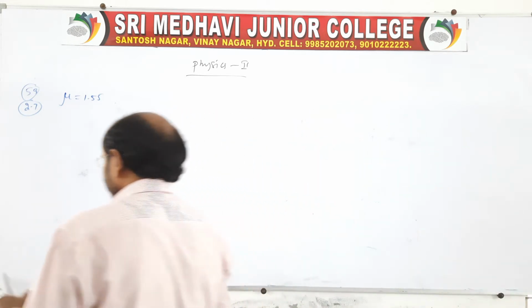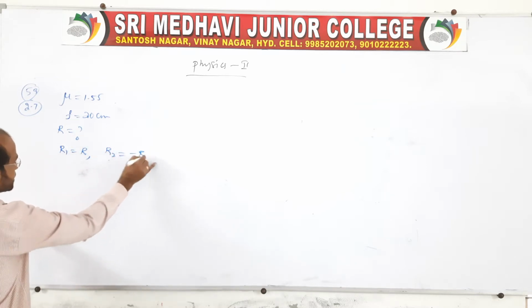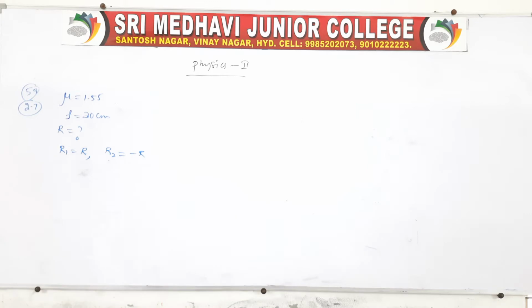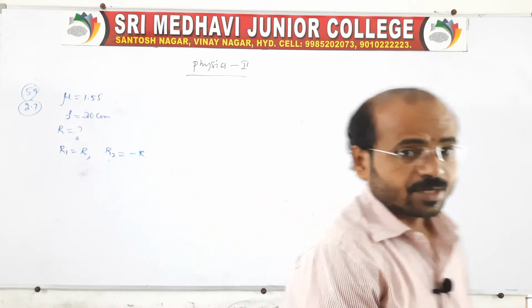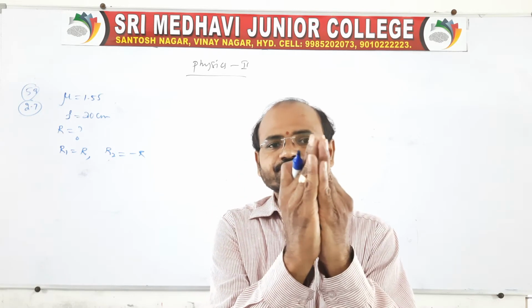So f is given as 20 centimeter, but the radius of curvature r is asked. For a double convex lens, r1 is equal to r, and applying the sign convention, r2 is equal to minus r. A double convex lens will be like this.